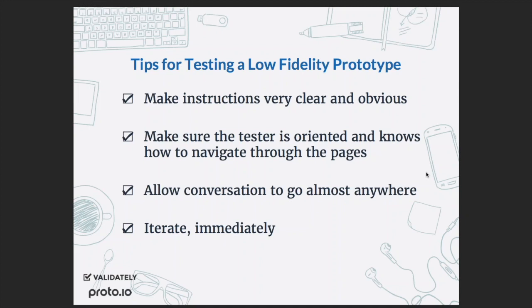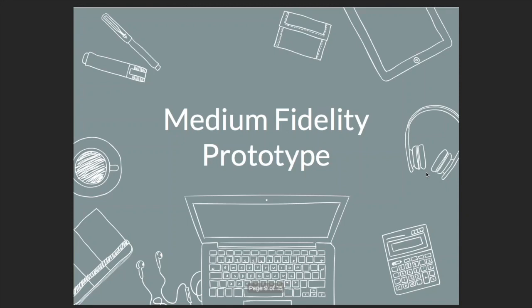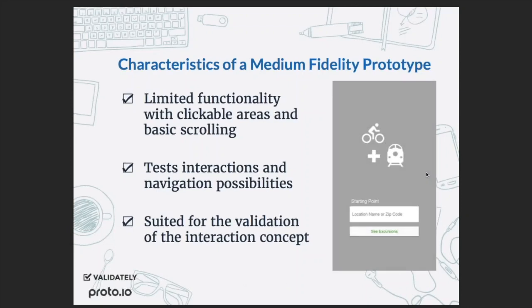Great. Thank you, Juan. And so now, based on the initial feedback from the low fidelity testing of the core concept, I want to move forward and create a medium fidelity prototype that has enough functionality, clickable areas, basic scrolling to have the actual interaction flow, which is the core of what you're testing.